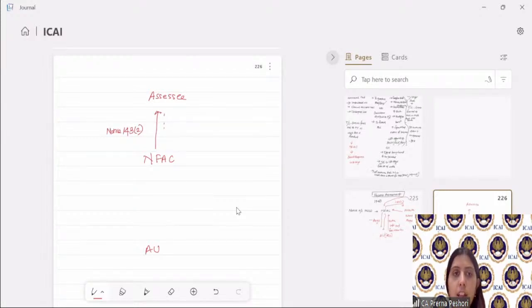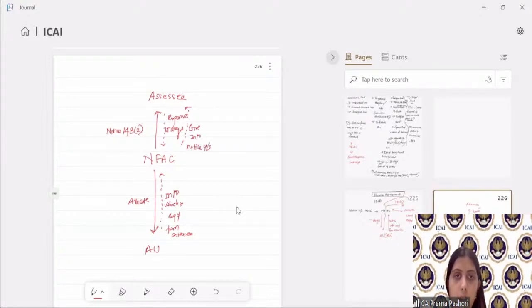So NFAC will first issue the notice under section 143(2). Assessee will file the response within 15 days, right? NFAC will then allocate the assessment to the AO. AU will request information from NFAC, which is required from the assessee. NFAC will then ask the assessee to give the information by issuing notice under section 142(1).